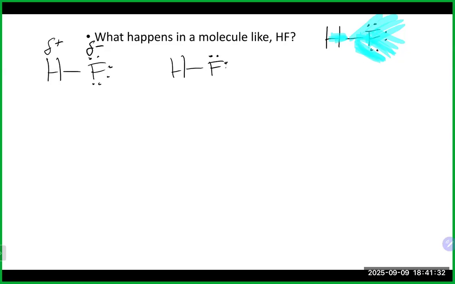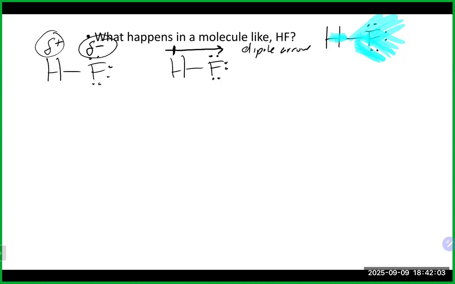You could also represent this with an arrow that you see a lot in bonding. That arrow points to the more electronegative side, and the back of the arrow has a little positive sign by the more positive side. That is sometimes referred to as a dipole arrow. It basically represents what we see here, more positive and more negative, and it always points to the more negative side in this bond.